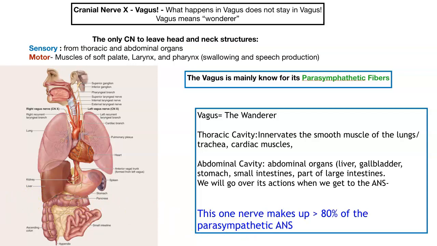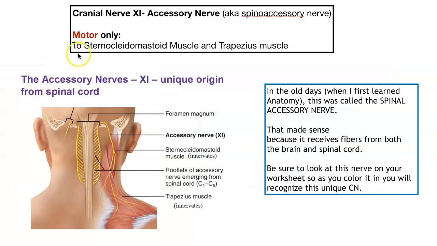So, 2 more to go. Cranial nerve number 11, accessory nerve, motor only. It used to be called the spino-accessory nerve. That's the way I learned it, because it was partly in the brain structures, the brainstem, and partly in the spinal cord.